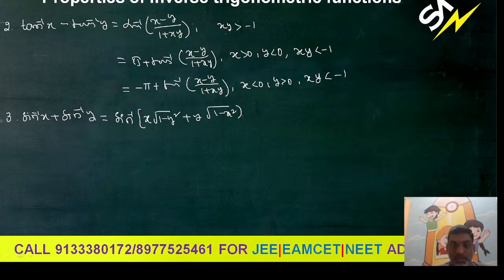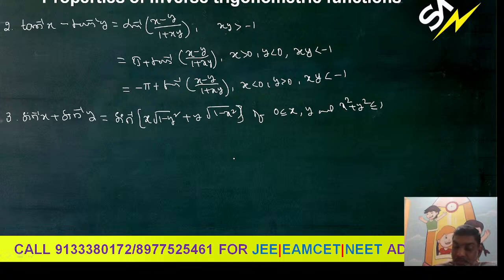What could be the conditions here? The conditions are 0 less than x, 0 less than y, and x square plus y square must be less than or equal to 1.